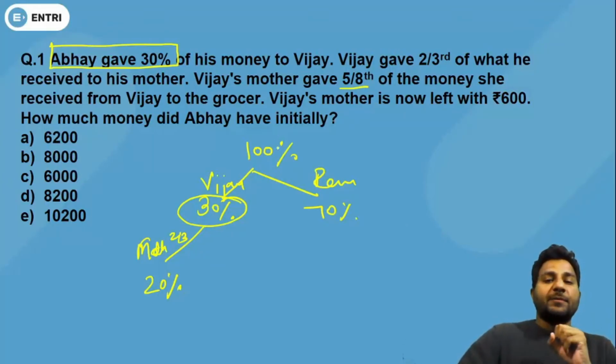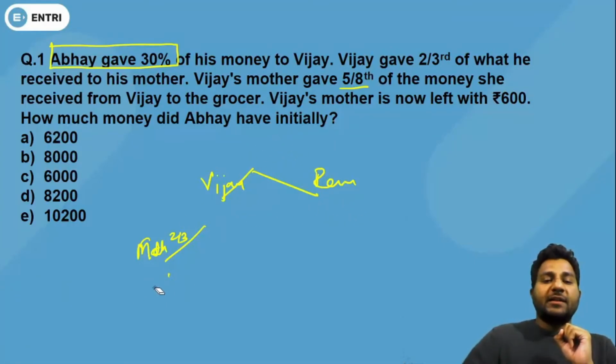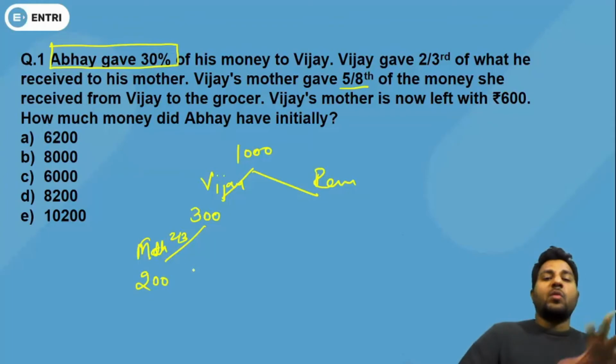So we have to take this 100% as 1000. Let's suppose the amount was 1000. So 300 went to Vijay, and Vijay's mother received 200, but she gave 5/8 of the money she received from Vijay to the grocer.